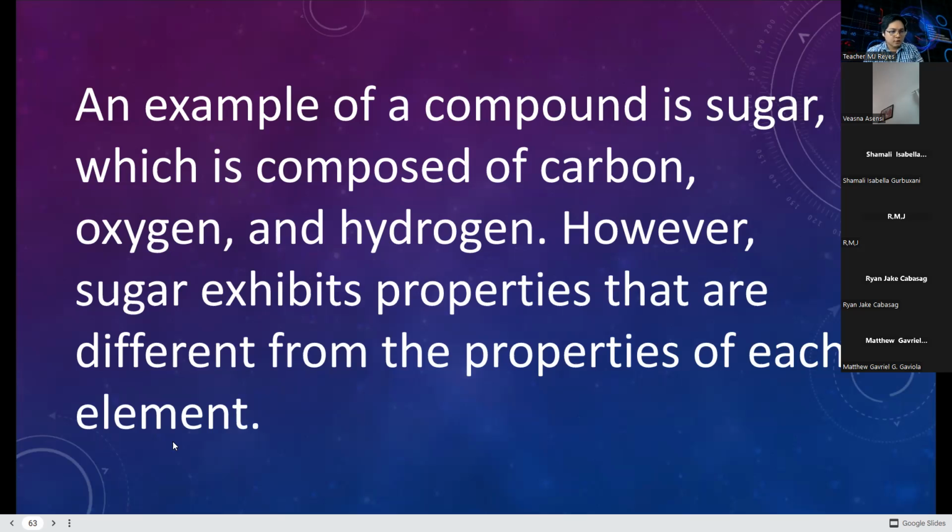Let's take a look at this one. Supposing you have water mixed with salt. Can we consider that one as a compound? Grade 7? No. Why?